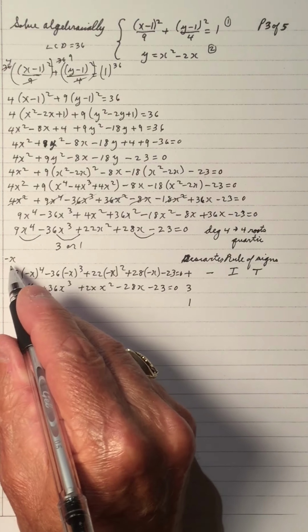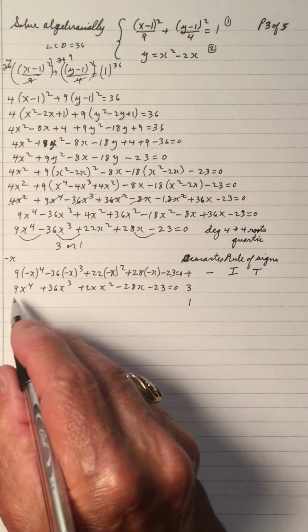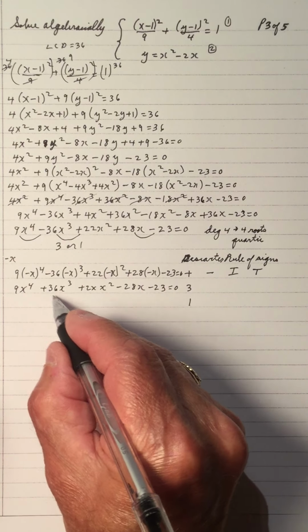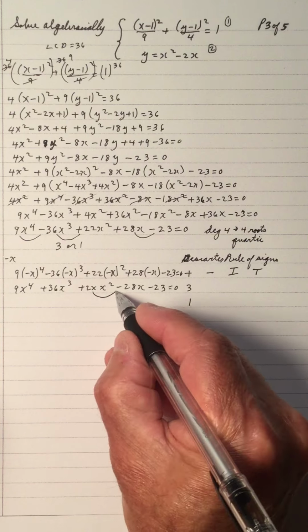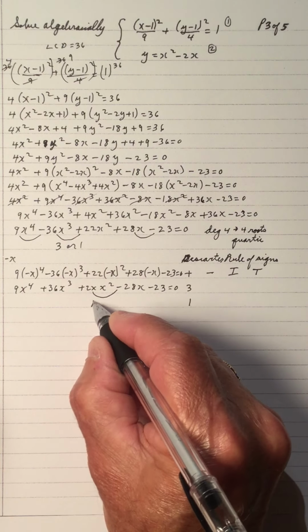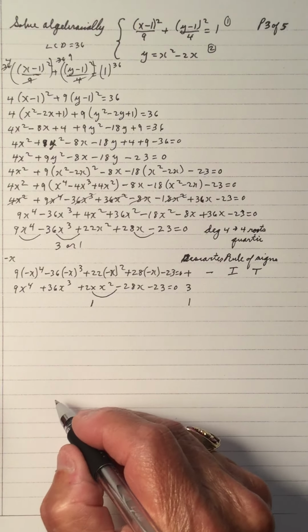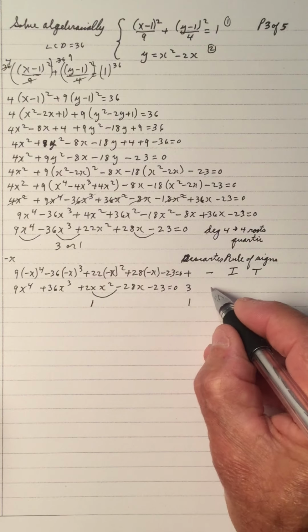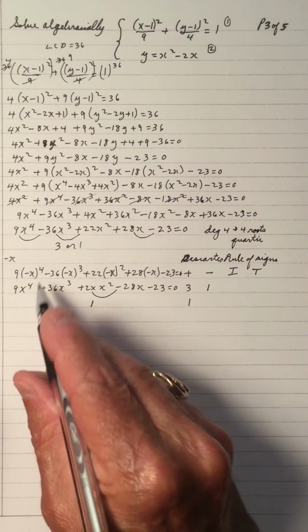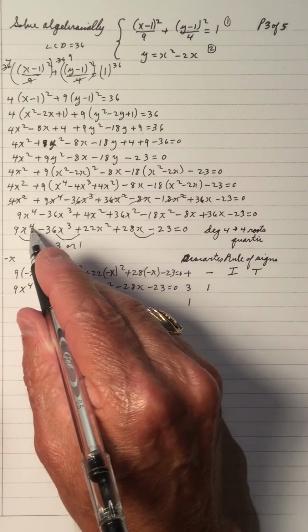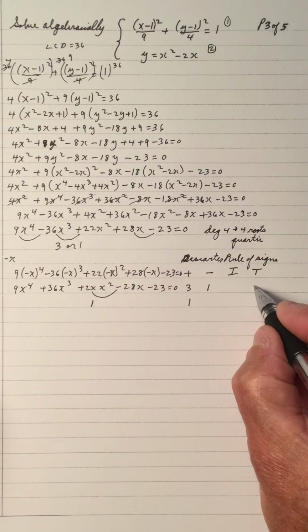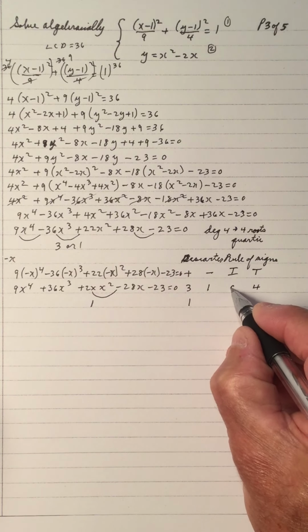And now, that's for the negative real roots. No sign change, no. There's a sign change right here, so I have one possible negative root. So if I have 3 positives and 1 negative, notice we said the degree is 4, so we have 4 roots. That means we have no imaginaries.